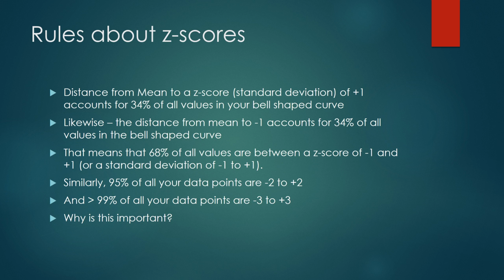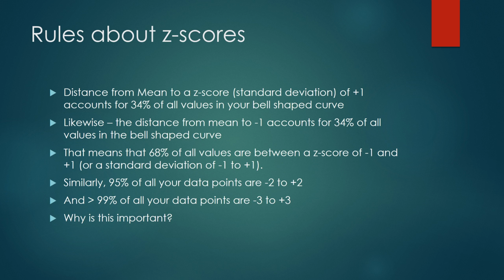That could be 100 values, that could be 10,000 values. But the way that a normal distribution works is that when you have the distance between the mean to z-score of 1 or a standard deviation of 1, you have accounted for 34% of all possible values in that data set. Likewise, on the other side, the distance from the mean to -1 accounts for an additional 34% of all values in the bell-shaped curve.